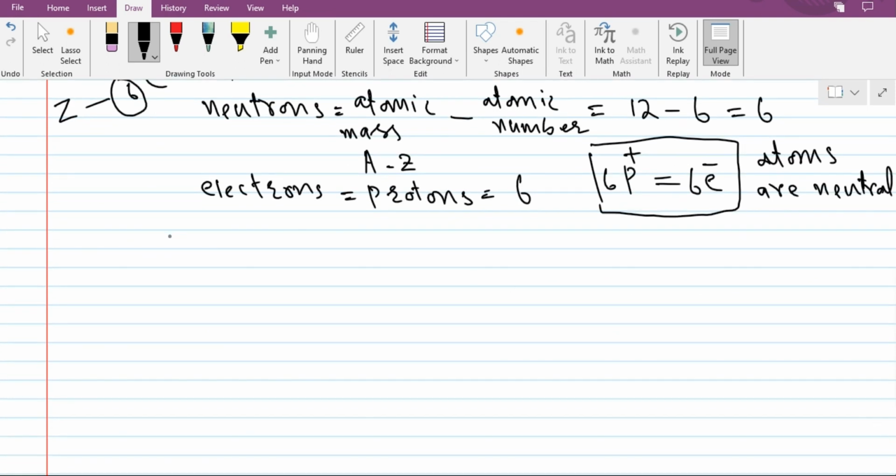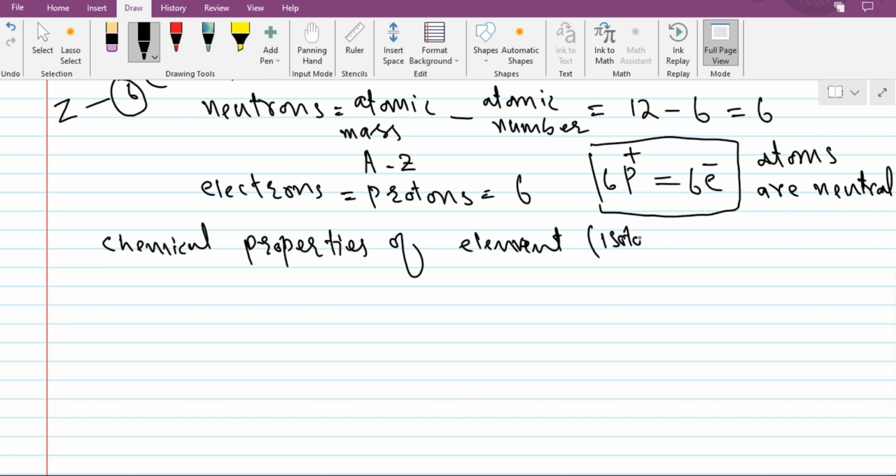Next we are going to discuss the chemical properties. Remember that the chemical properties of elements, specifically isotopes, depend mainly on electrons and protons, or more specifically, outer shell electrons.